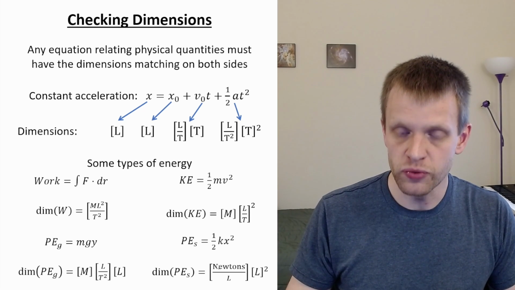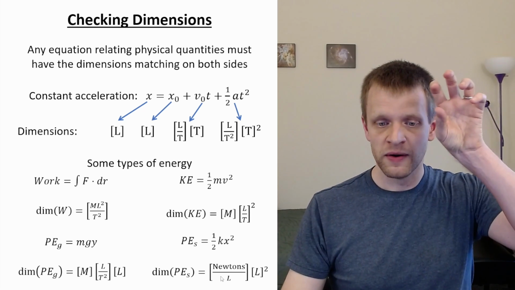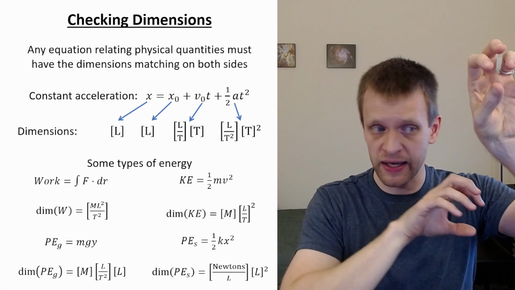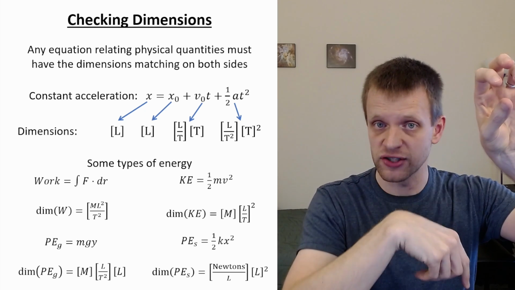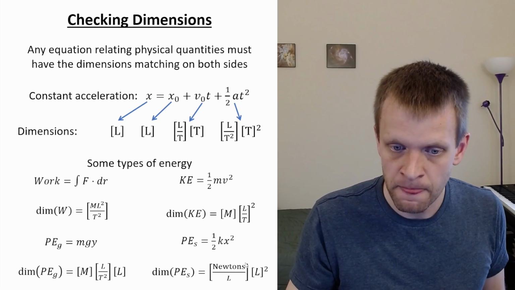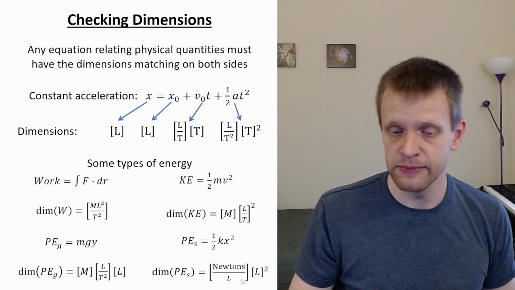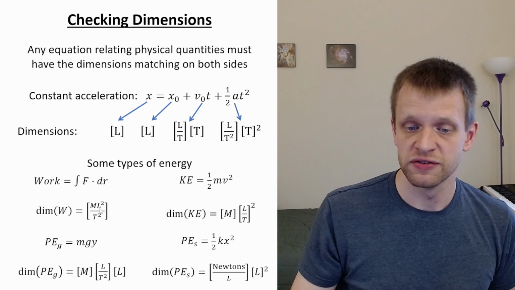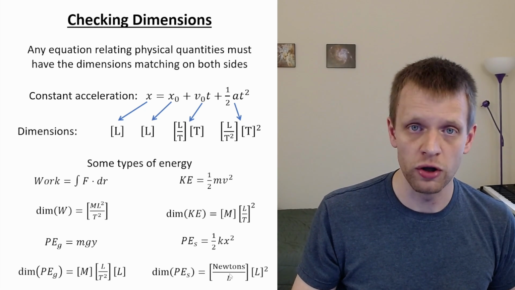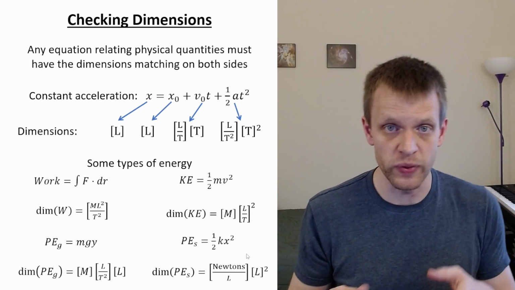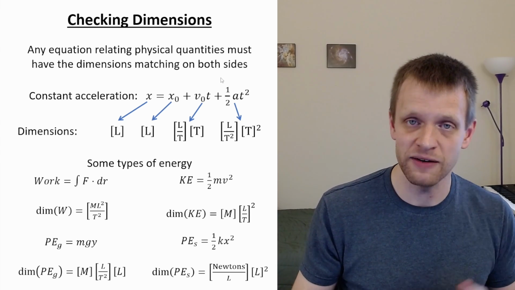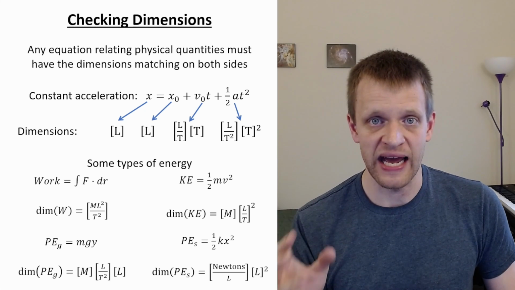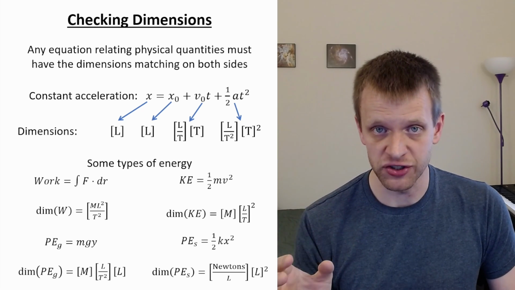So if I do newtons divided by length, mass times length divided by time squared divided by length, those lengths cancel each other out. So just this part is a mass divided by a time squared, and then we're multiplying that by a length squared: a mass times a length squared divided by a time squared. All of these have the same dimensions, so if any of these equations are talking about the same type of quantity, they must have the same dimensions.